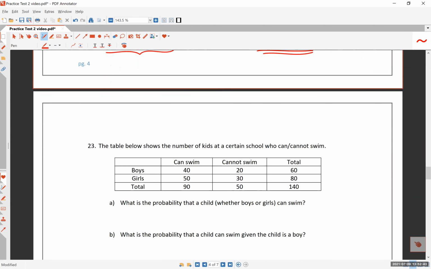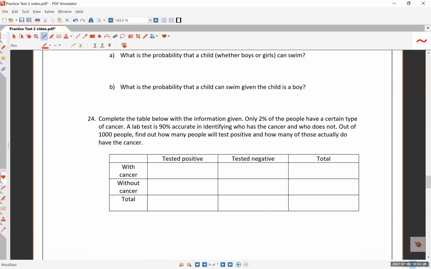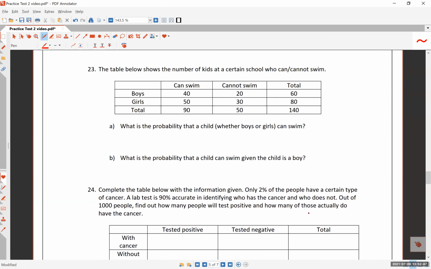Okay, number 23. The table below shows the number of kids at a certain school who can and cannot swim. Boys and girls, can swim, cannot swim. What is the probability that the child can swim? So this is regardless of whether they are boys or girls, right?